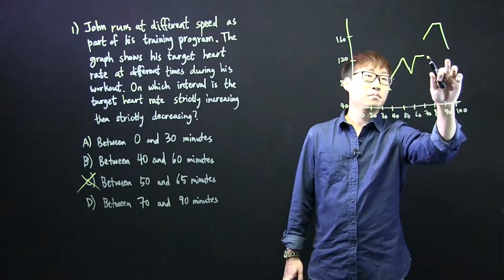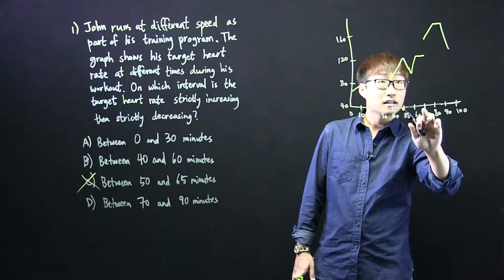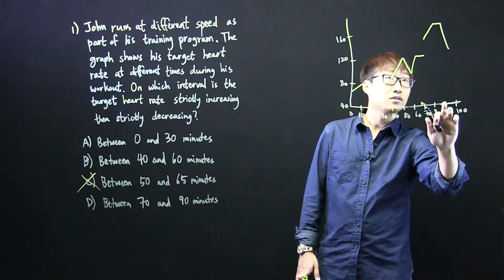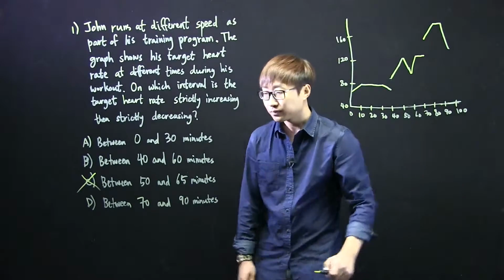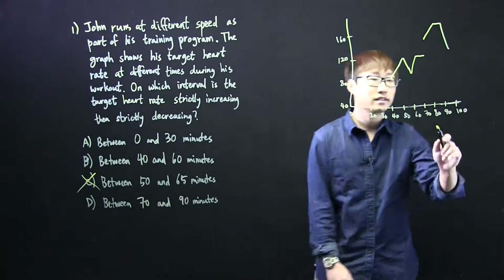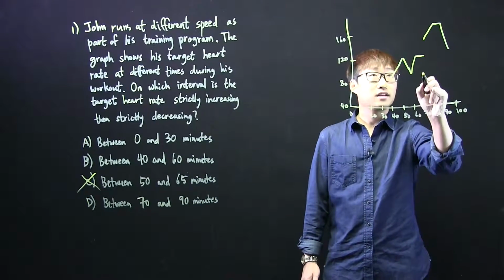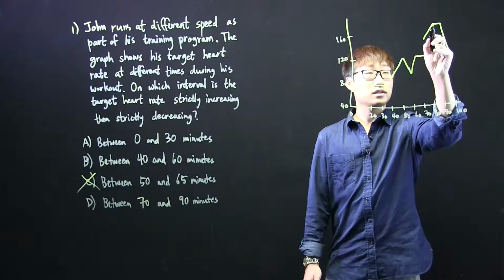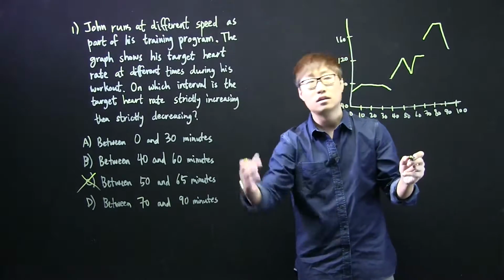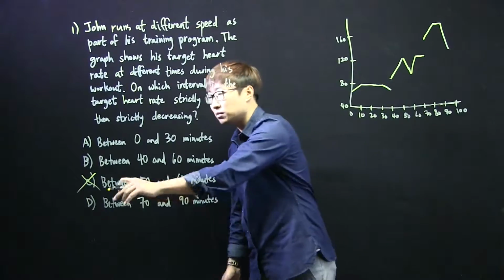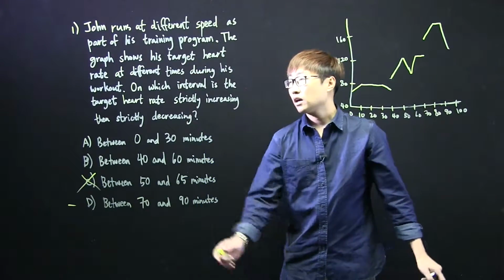So let's just look at that. I see the one maybe over here, that looks like 70 to like 95. So I can check D. Between 70 and 90 minutes. So let's look at that. 70 is right here. So it goes up, stays for a little bit, and then comes down. So increasing, then decreasing. I kind of like that. So I'll keep that. And what about this?